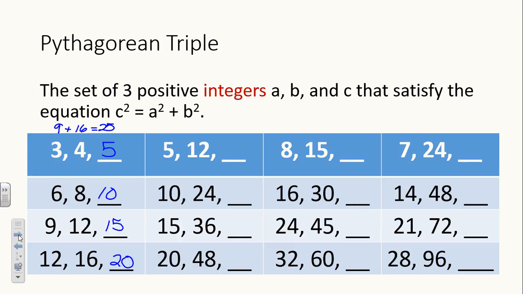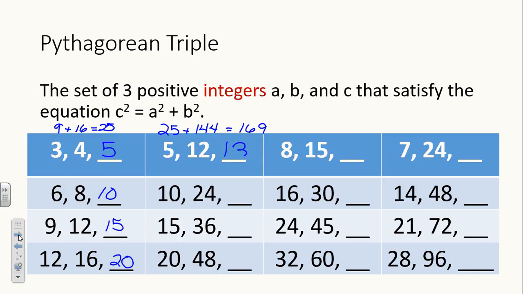5, 12. Anybody know what the third part would be? Off the top of your head? No? Let's work it out. 5 squared is 25, 12 squared is 144, and 144 plus 25 is 169. What's the square root of 169? It's 13.